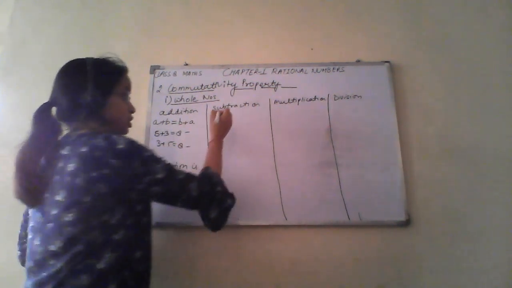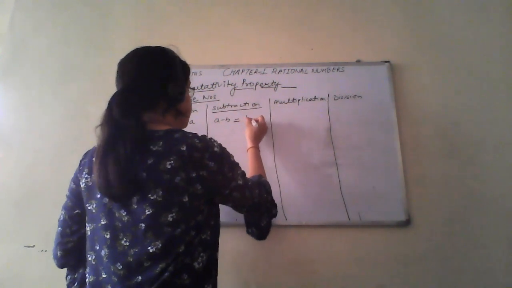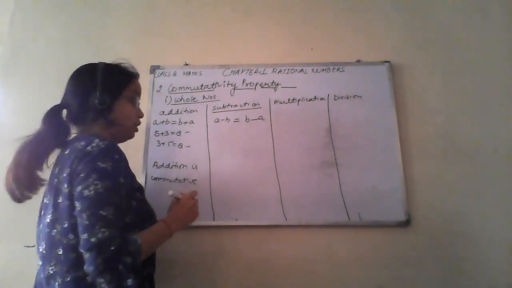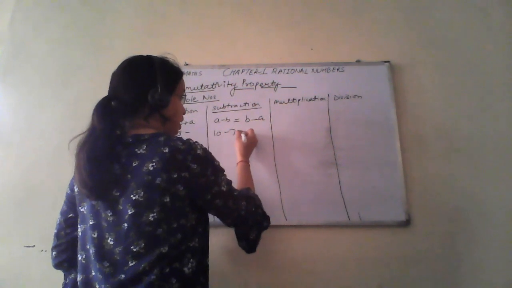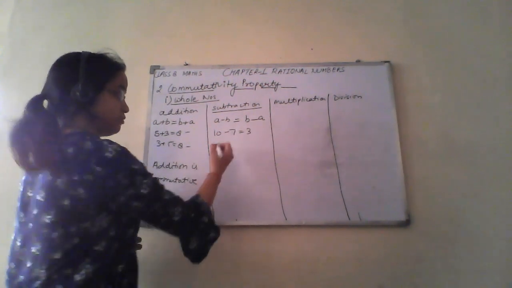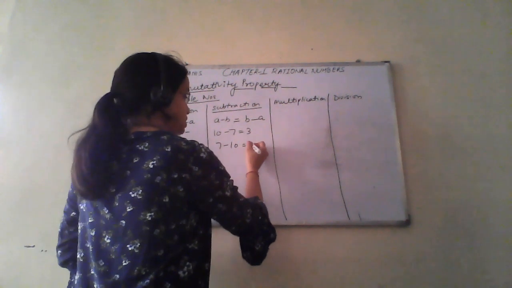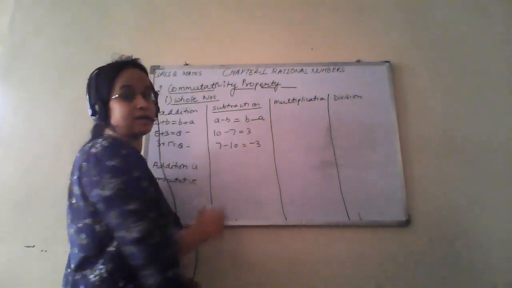In the case of subtraction, we have to check whether a minus b is the same as b minus a or not. We'll check it with an example like 10 minus 7. The answer will be 3. If we reverse the sequence of subtraction, that is 7 minus 10, the answer will be minus 3. Are 3 and minus 3 the same?